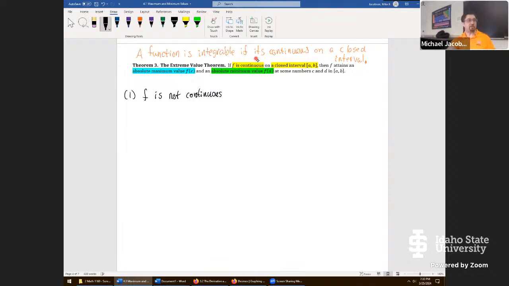Now, we're not trying to prove the theorem, we're just saying what can happen to this theorem. If f is not continuous, and we still have a closed domain from a to b, here's about what the picture will look like. Putting everything in quadrant 1, just so it's a simple picture to look at. So it's not continuous, but I still have a closed interval.